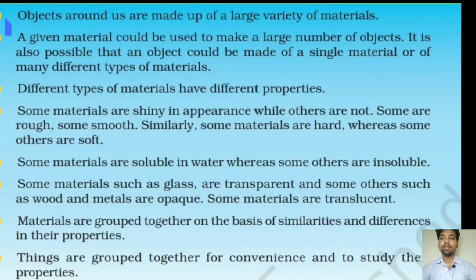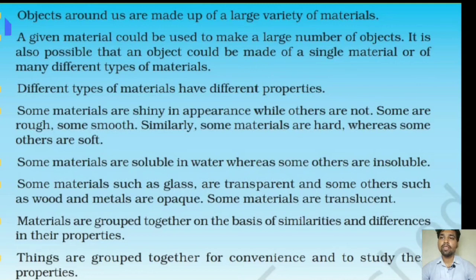Friends, here is the summary of this lesson, what we have learned. The first one is that objects around us are made of a large variety of materials. We have thousands of materials.